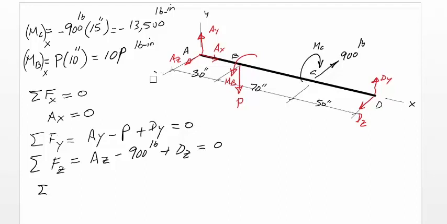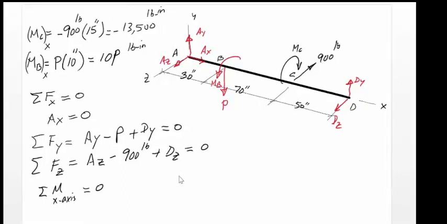First, let's use the summation of the moment about x to be equal to 0. We note the three components of the reaction force at bearing A, AX, AY, and AZ do not have any moment about x-axis because they intersect the line. At point B, we have a counterclockwise moment MB, unknown, but force P does not have any moment about x-axis either.